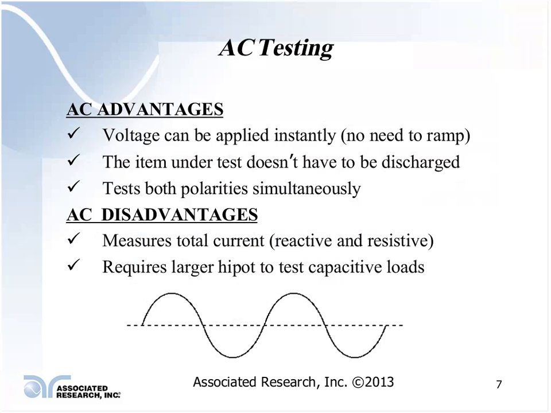Okay. Let's talk a little bit about AC versus DC testing. Whenever you're doing a Hipot test, if you're doing an AC test, some advantages it offers are that many times the test can be done quicker. You don't have to ramp up the voltage, so the voltage can be applied instantly.